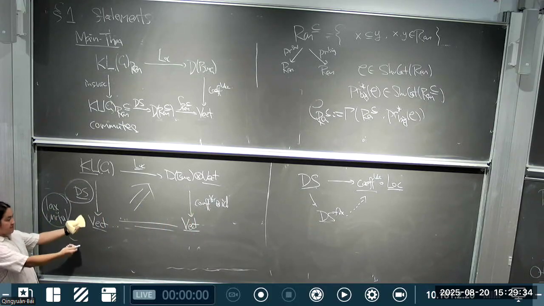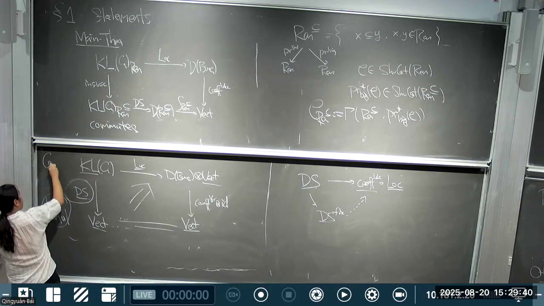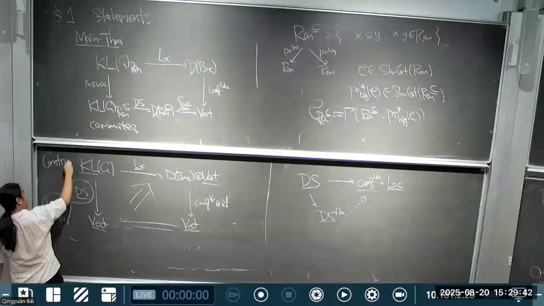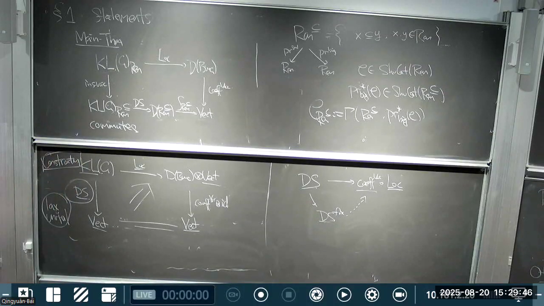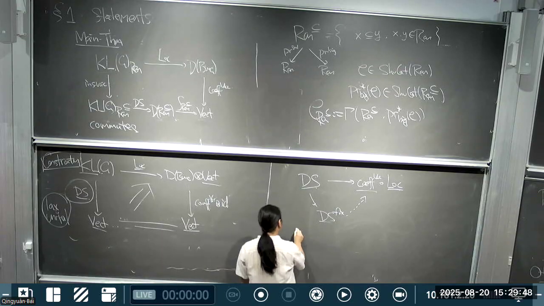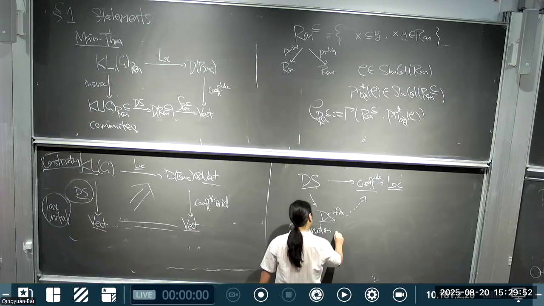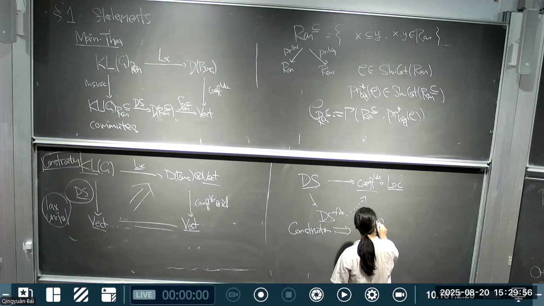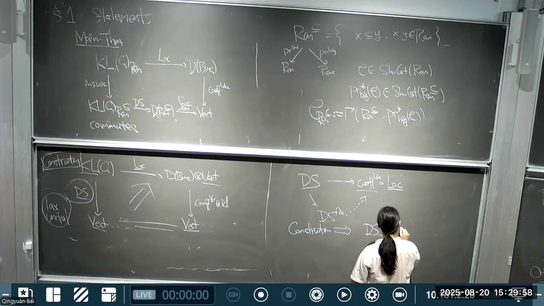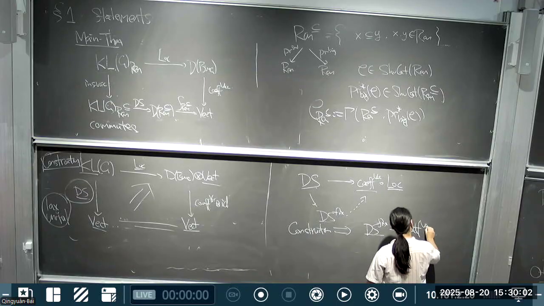So there exists such a thing, and now let me write this as a construction, which I will explain later. This is some key construction, and from this key construction we obtain a natural transformation from ds fixed to this combination we want.